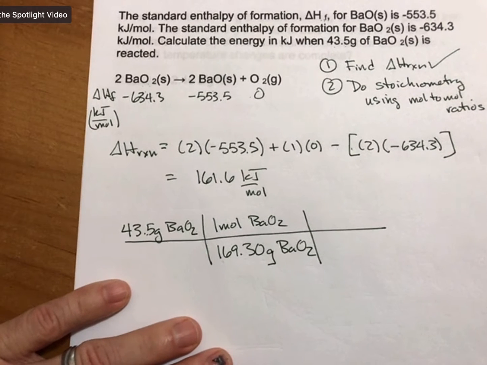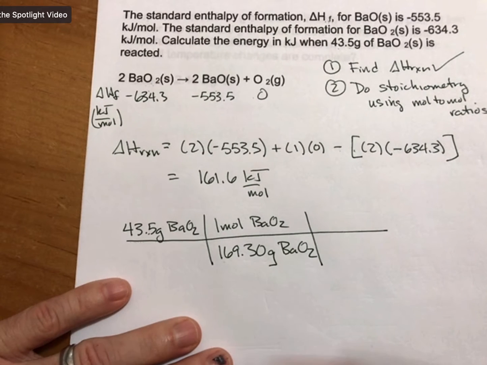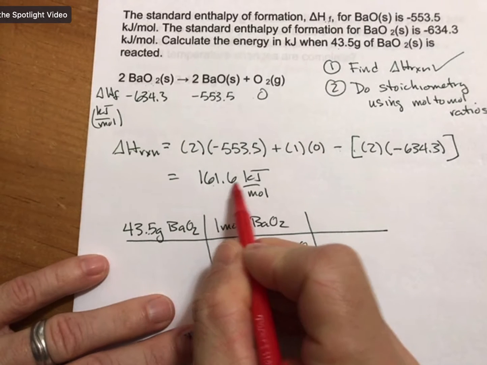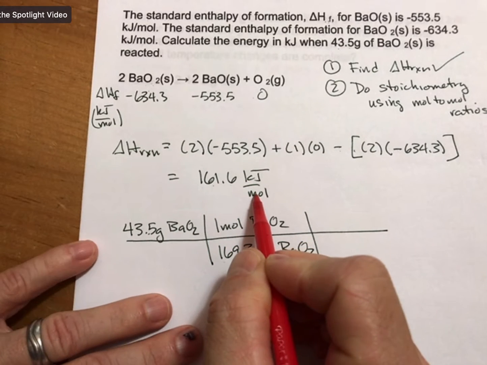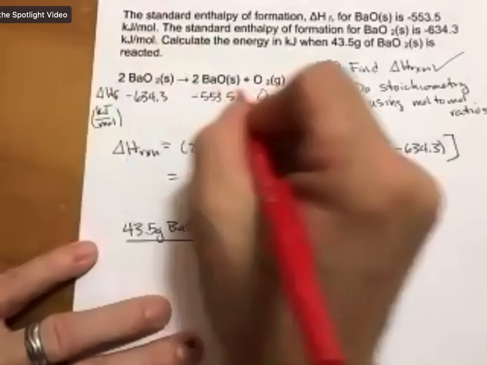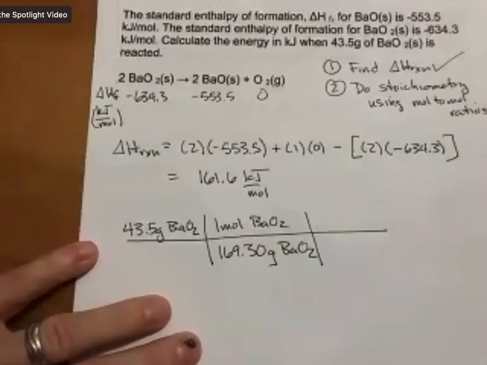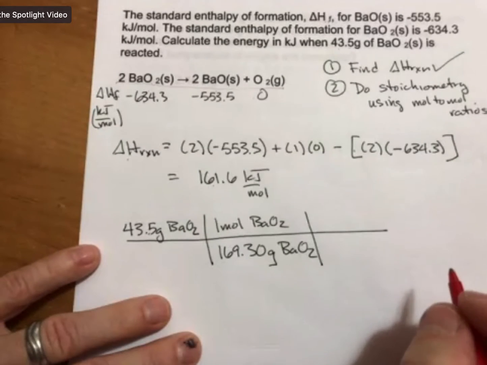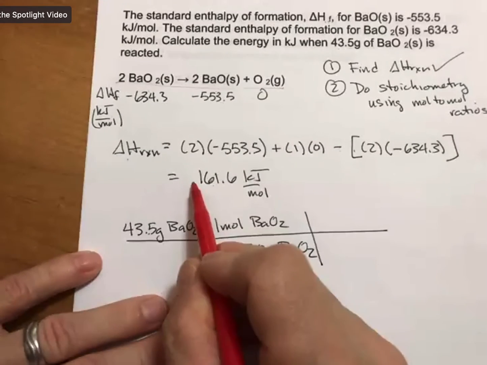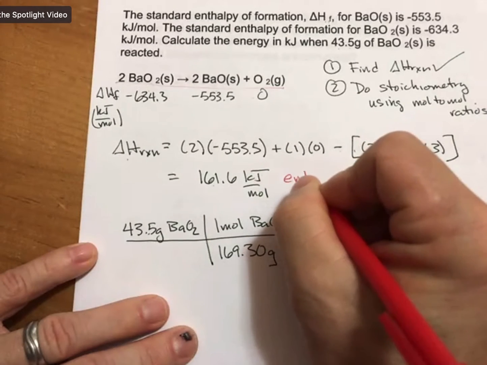Now, here's what would be considered the tricky part. My 161.6 kilojoules per mole is the delta H reaction for this reaction, right? That I think we hopefully understand. It's positive, and so this is an endothermic reaction.